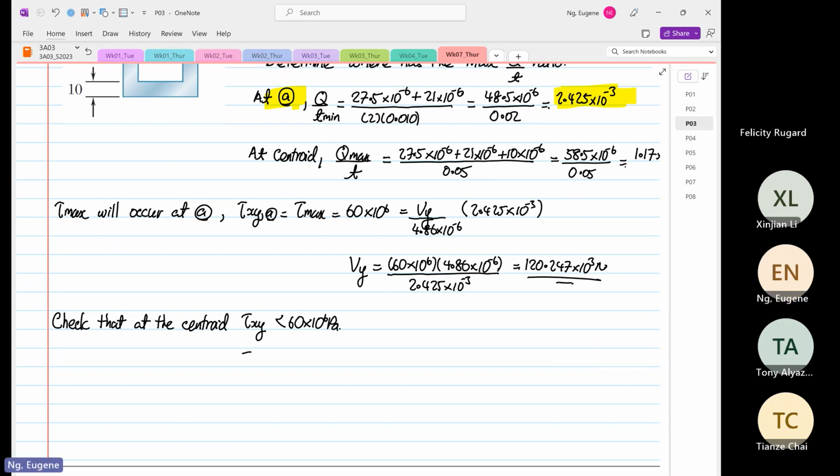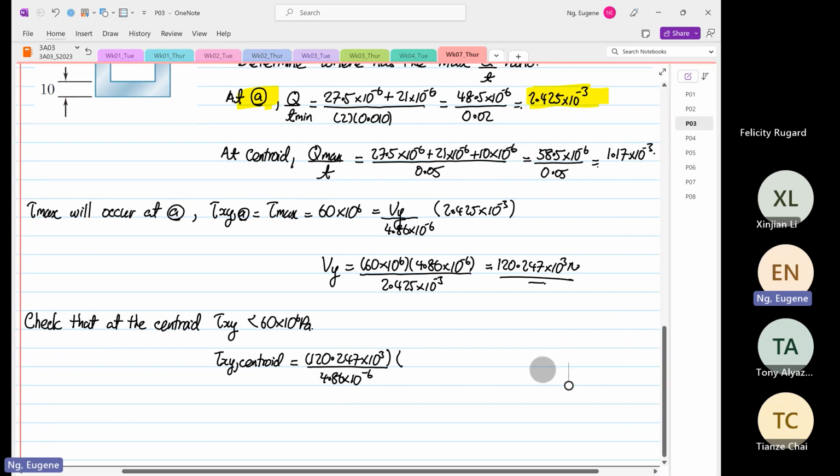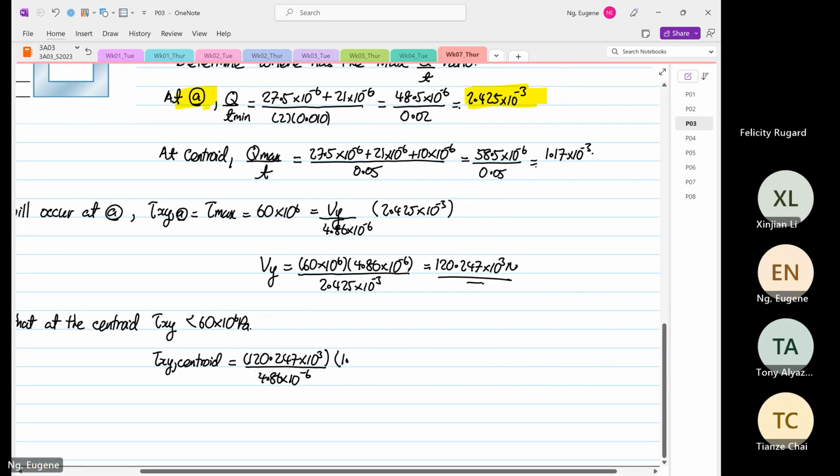So the shear XY at the centroid will be equal to 120.247 times 10 to the power 3 divided by 2.425, divided by 4.86 times 10 to the power minus 6, then multiplied by the ratio of 1.17 times 10 to the power minus 3.